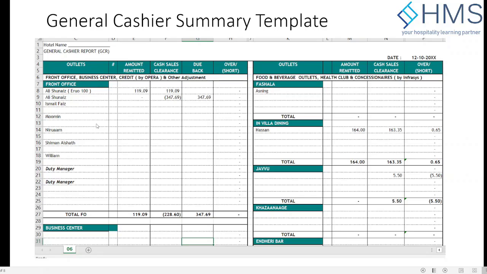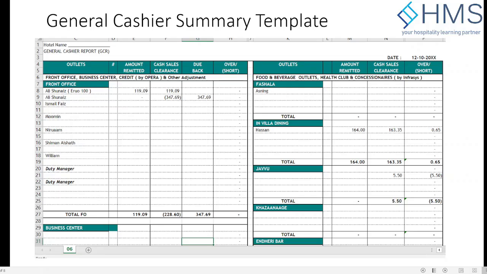This has to be prepared by the outlet for each cashier separately, and also the duty manager if the duty manager has received anything. At the end of the day, that also includes the banks or other areas, if the AR has received, so that report also will go here.